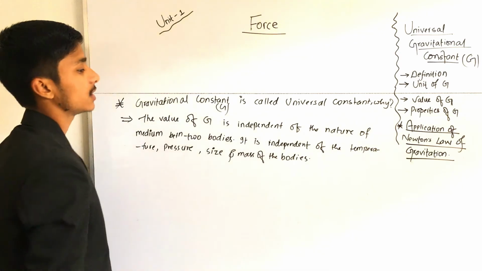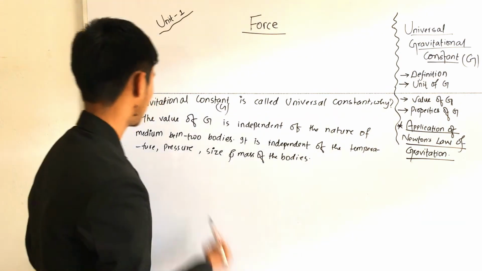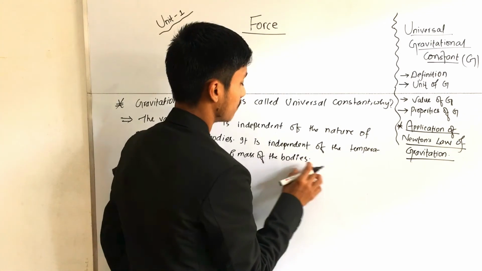The value of capital G is independent of the nature of medium between two bodies. It is independent of the temperature, pressure, size and mass of the bodies.